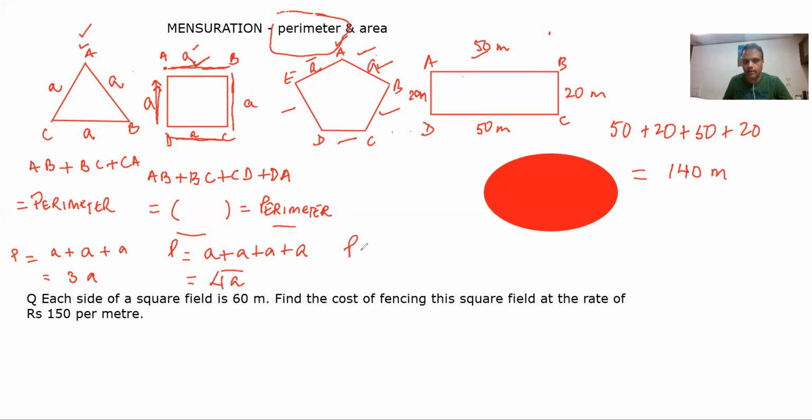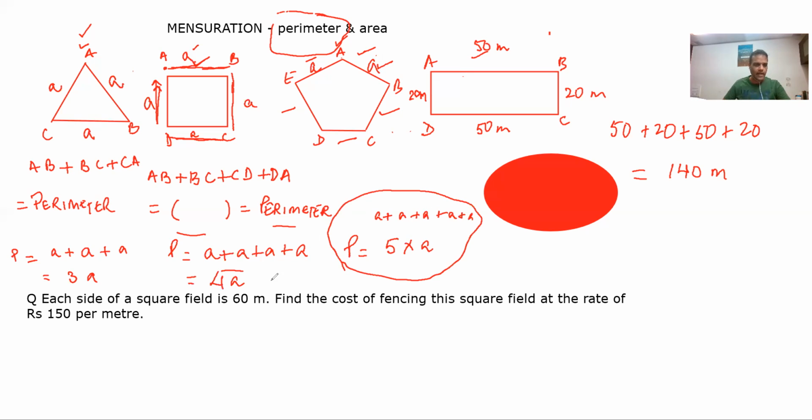I find it as 5 into A, which is nothing but A plus A plus A plus A plus A. This is how we calculate the perimeter of any figure.